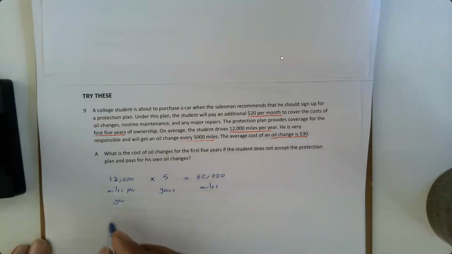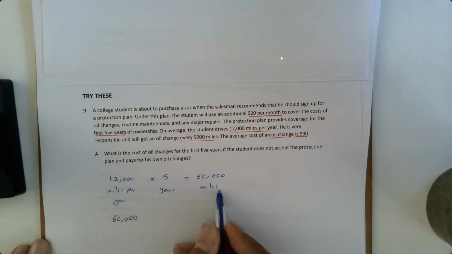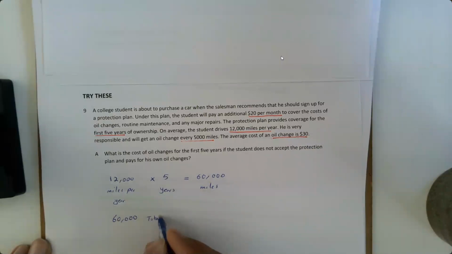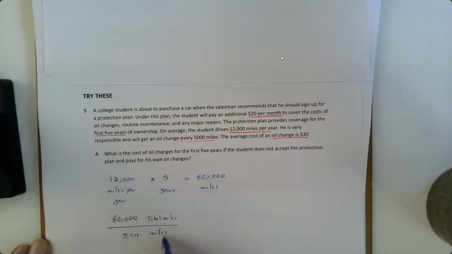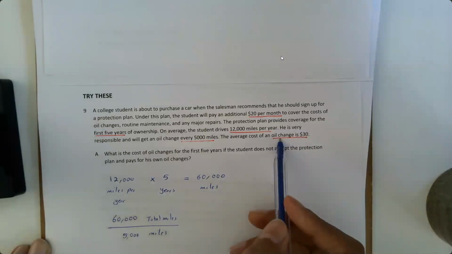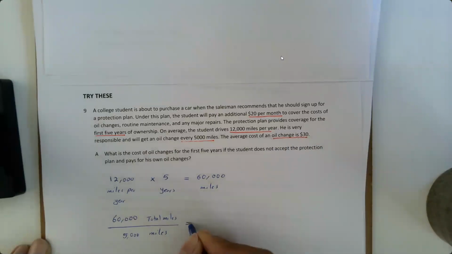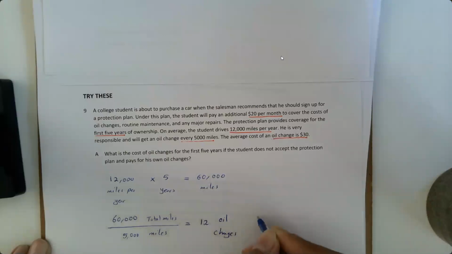So 60,000 miles in total, divided by 5,000 miles for each oil change. How many oil changes do we get? We get 12 oil changes.